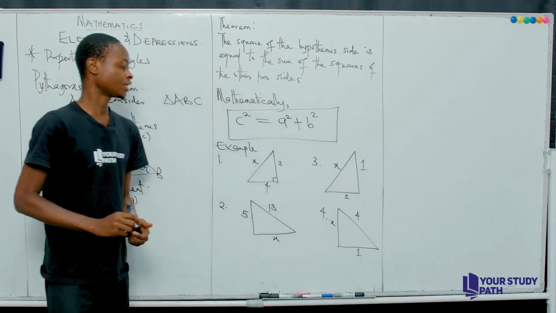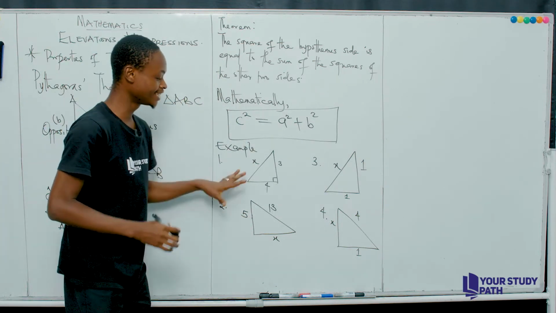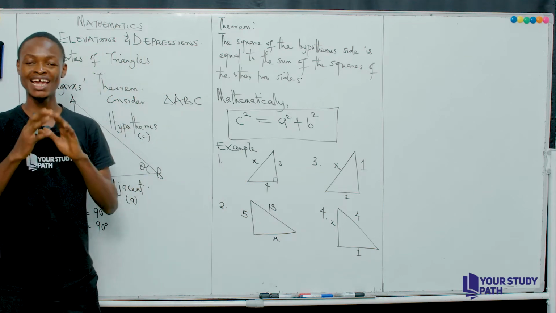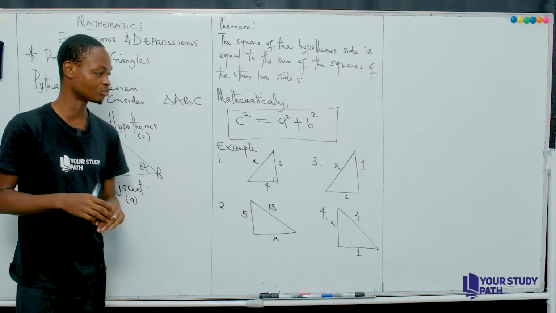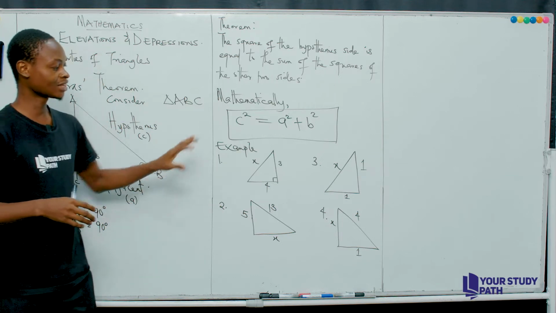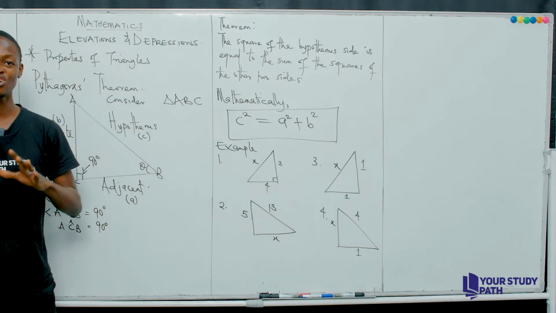So these are 4 examples. In each case, we have to determine what x would be. I'll take the first 2 examples, and then you would practice on the 3rd and 4th example to determine the value of x.